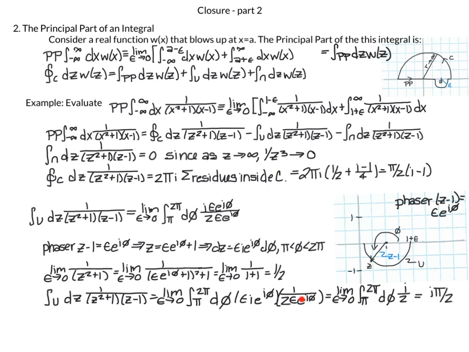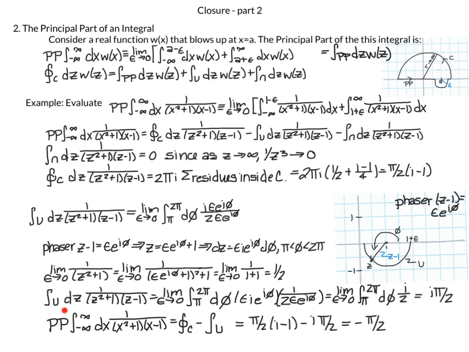These cancel out, like a lot of this stuff. The epsilon cancels, the I doesn't cancel out, but the e to the I phi cancels out. So we have the limit as epsilon approaches 0, pi to 2 pi, our d phi is here, our I did not cancel out, and our 2 is over here. So our final answer is going to be I pi divided by 2.